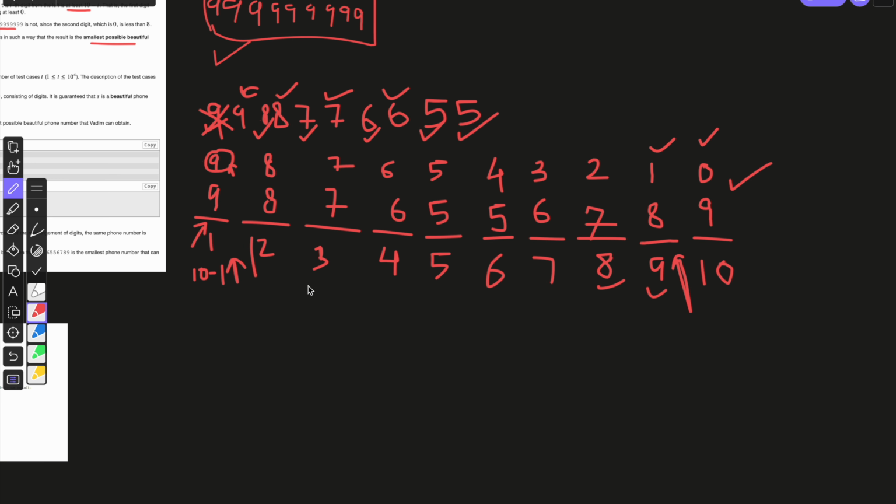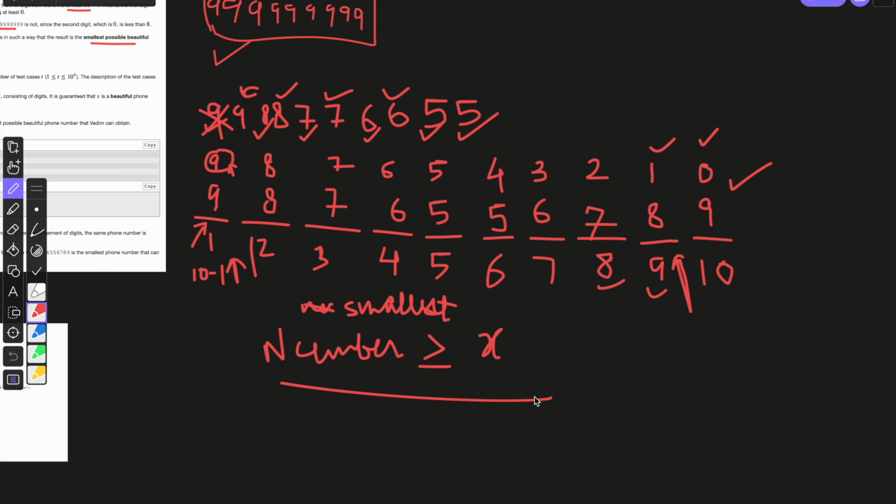So how do we get the smallest number that is greater than or equal to x?